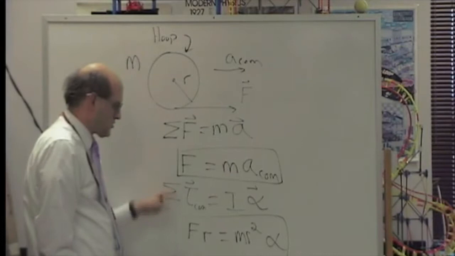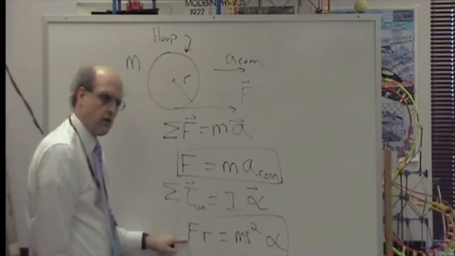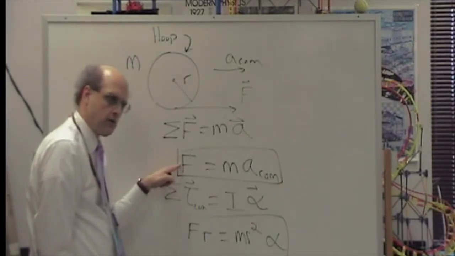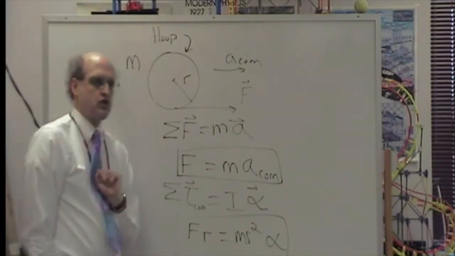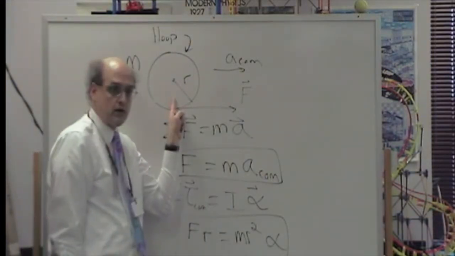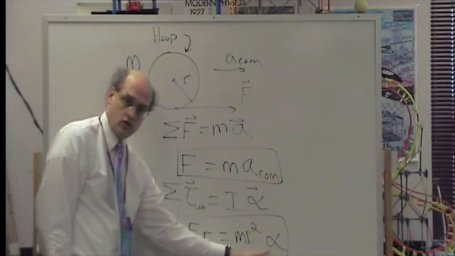Now, if we combine these two equations, let's say solve this for force and then substitute it into here, we get a relationship between the acceleration of the hoop center of mass and the angular acceleration.